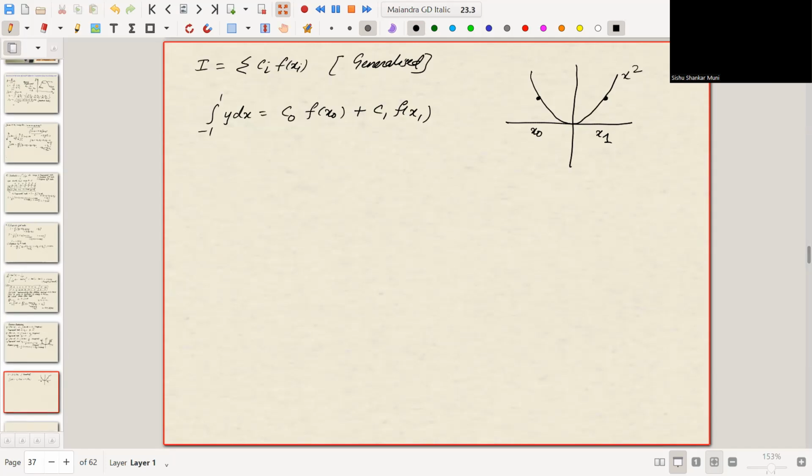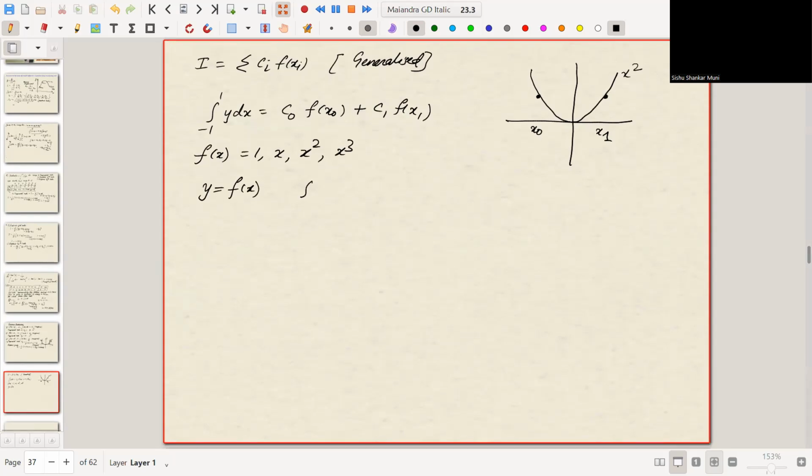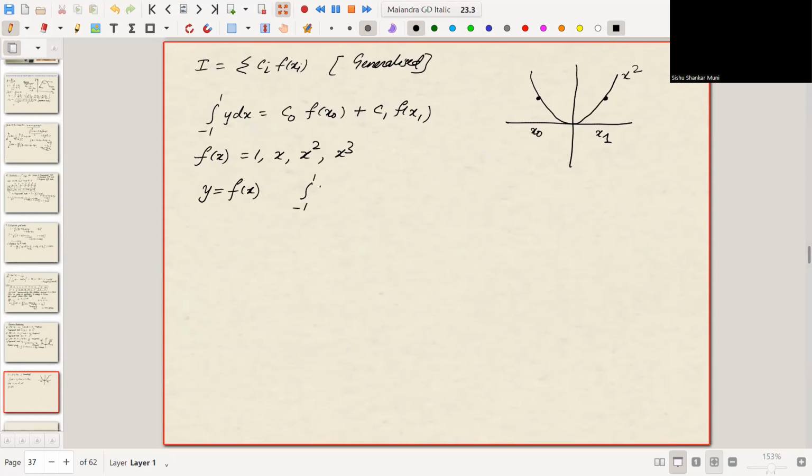So this is an experiment we are doing. You can take different functions. f of x can be 1, x, x square, x cube. These are our test functions. You need to find out whether they are accurate or not. These are just the test functions, so that we can appreciate it better.